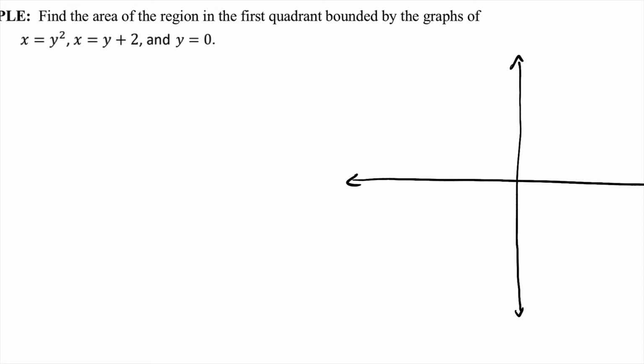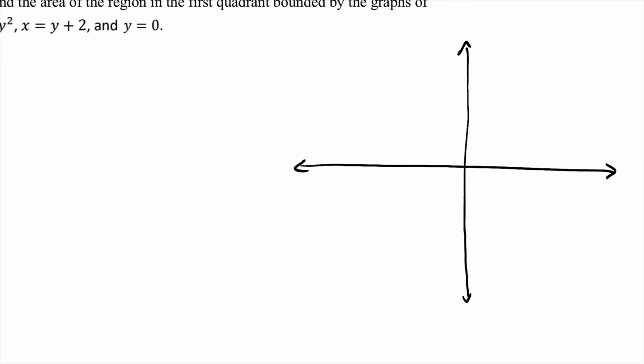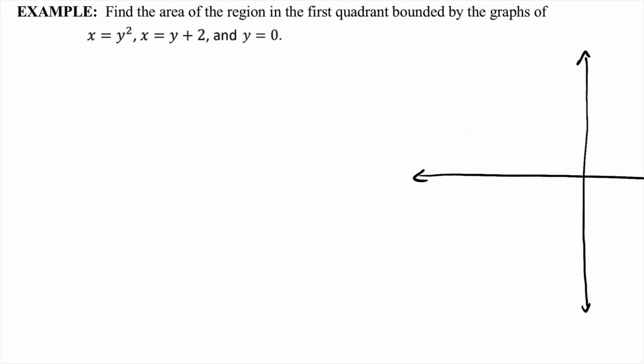I plug in numbers for x, see what y is, and it's going to look something like that. But this one is not that. It's close, but it's not that. So how do I graph that?